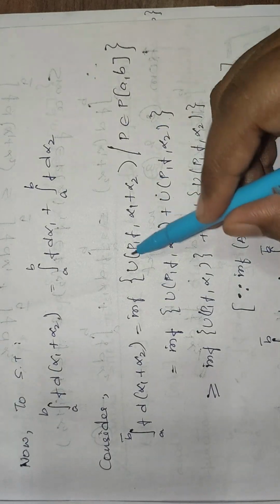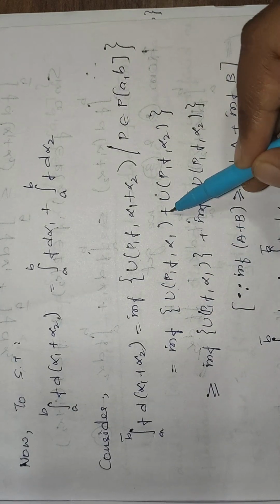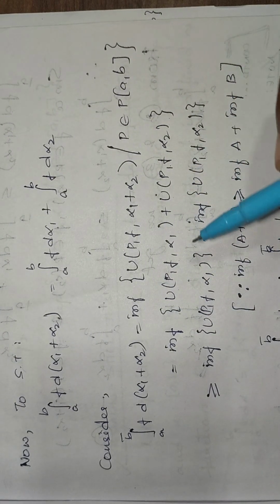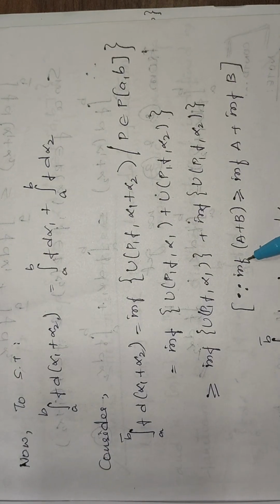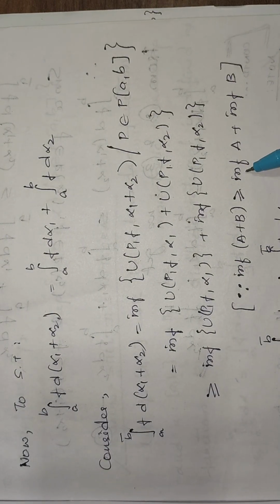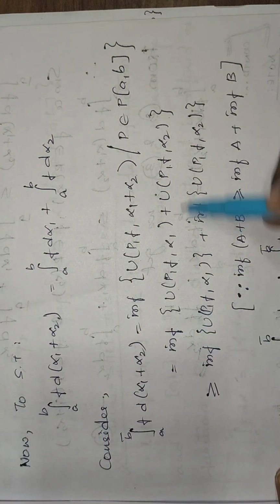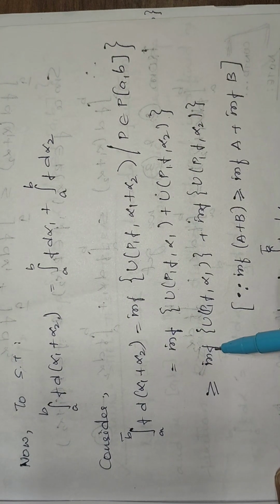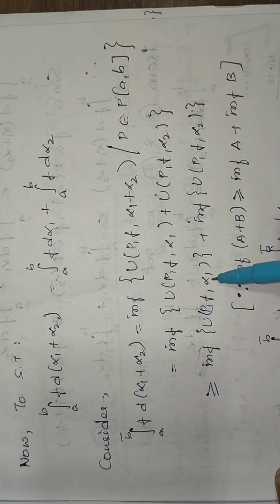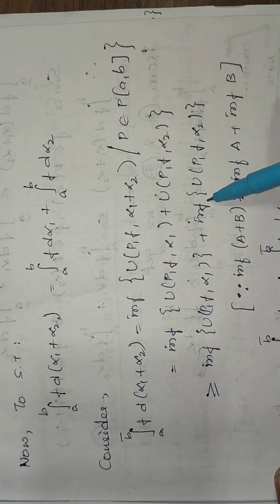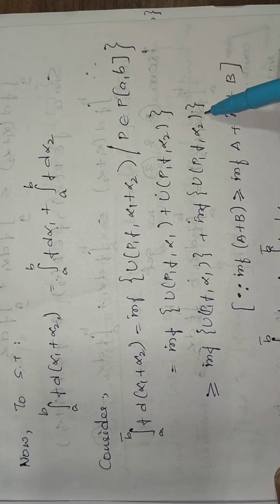So infimum of this is nothing but infimum of this plus this. But we know that infimum of a plus b is greater than or equal to infimum of a plus infimum of b. So using this, we can write this is greater than or equal to infimum of U of P comma f comma alpha 1 plus infimum of U of P comma f comma alpha 2.